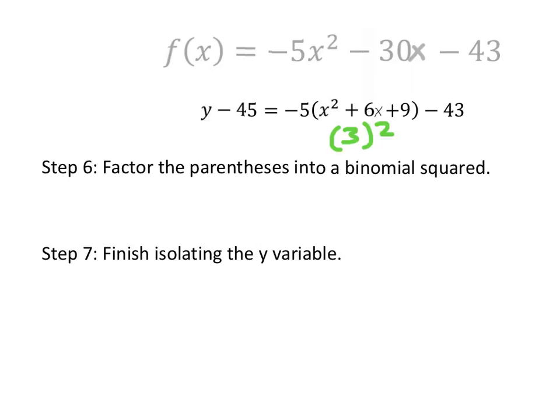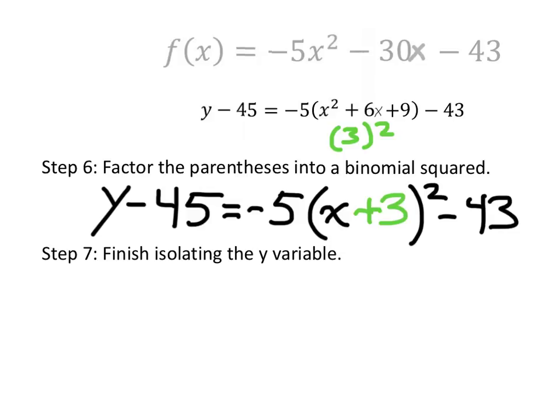After that, I'm going to factor the parentheses into a binomial squared. Recall from the previous step that half of 6 made positive 3, and that's the number that goes into the binomial squared.